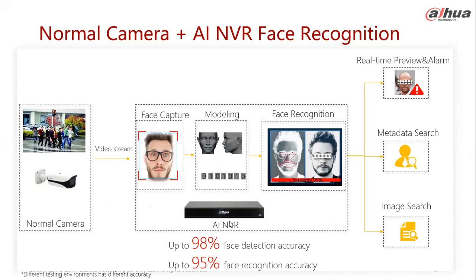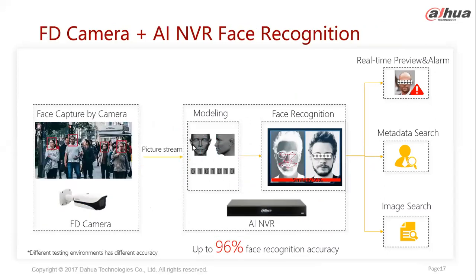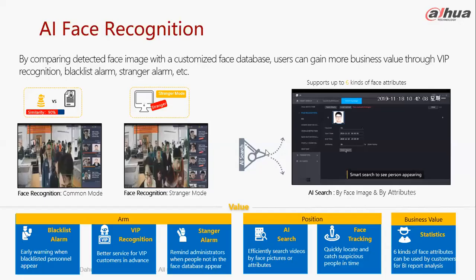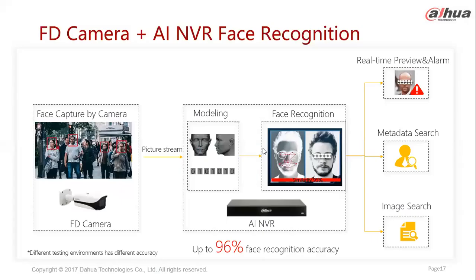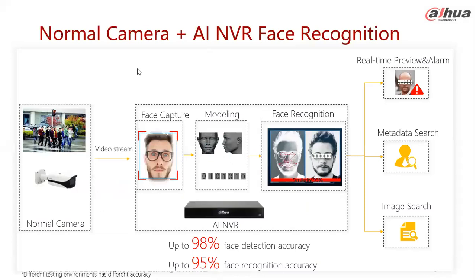If you're using a normal camera with an AI NVR, it's higher with the face detection camera because the processing and modeling will be done by the NVR side. The accuracy is even better with an FR camera and an FR NVR. But generally, these values are good.